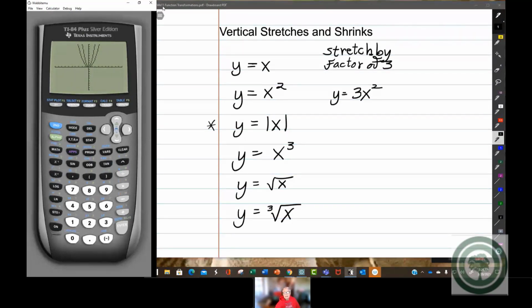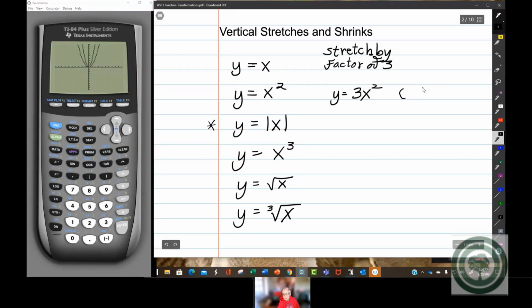It does that by taking all the XY points and multiplying the Y coordinates by that 3. That's what's really happening. There aren't any invisible hands pulling it up. Really, this 3 is multiplying all the Y coordinates in Y equals X squared.